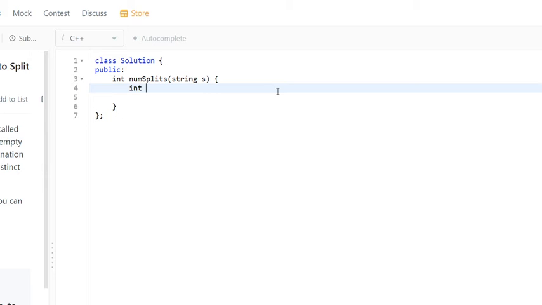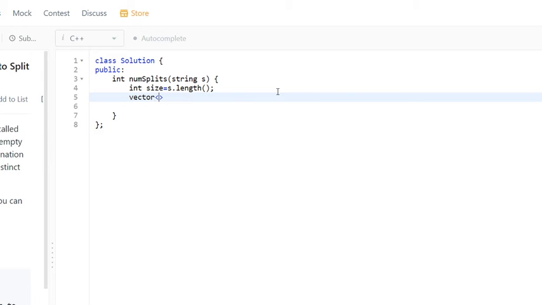Let me first calculate the size of the string. Let me define the arrays A and B.